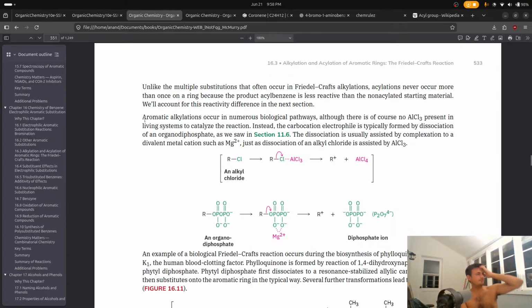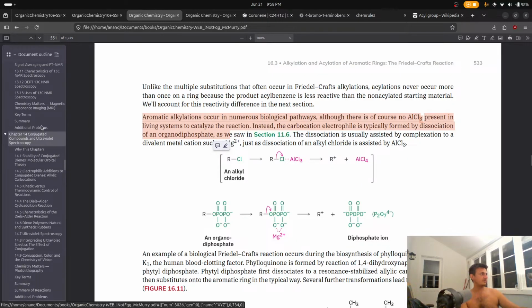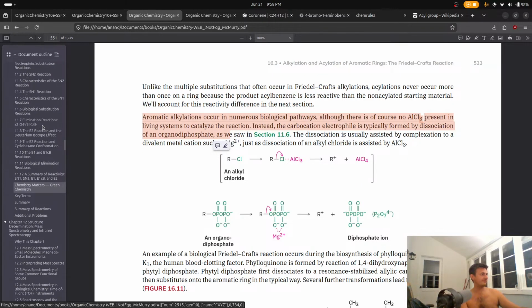Okay, here we are. Aromatic alkylations occur in numerous biological pathways. Although there is, of course, no aluminum chloride present in living systems to catalyze the reaction. Instead, the carbocation electrophile is typically formed by dissociation of an organodiphosphate. Did we even do chapter 11? If we did, it might have been in fall.